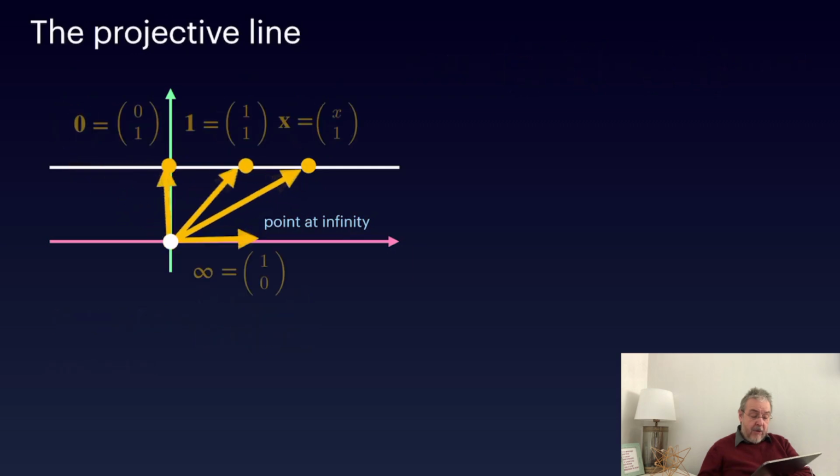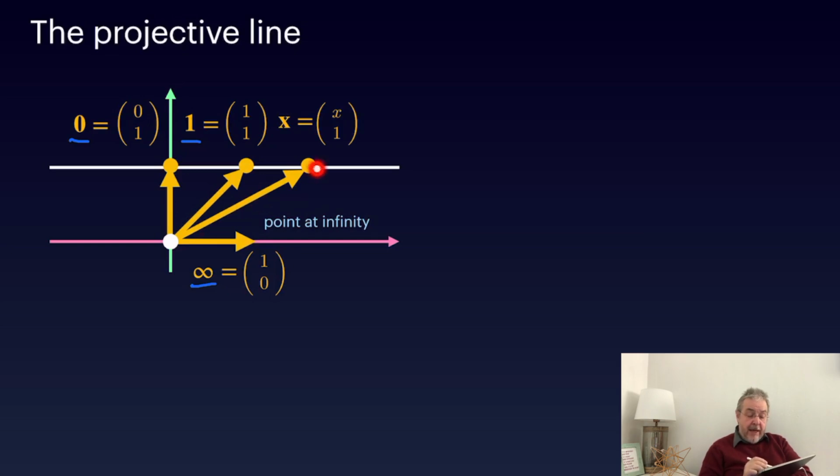I want to go to one special situation here and consider the 3 special points that I've given names here: the point 0, the point 1, and the point infinity, and they should sit at very certain coordinates: 0, 1 in the standard embedding, 1, 1 in the standard embedding, and 1, 0 in the standard embedding.